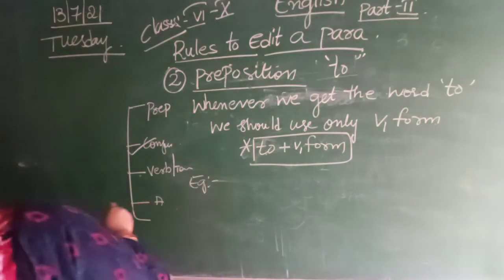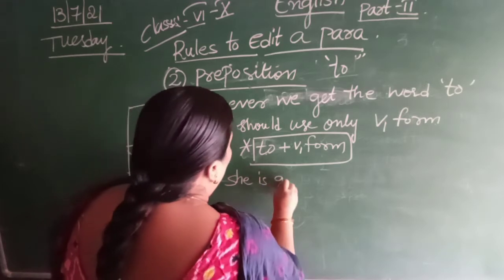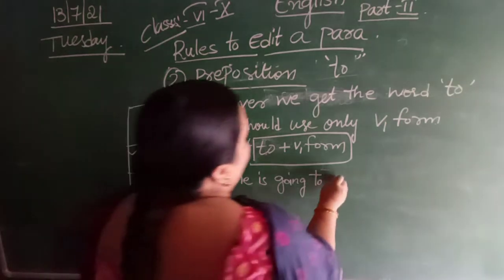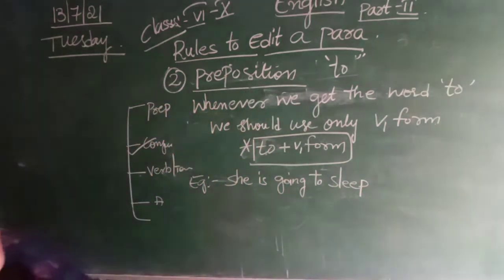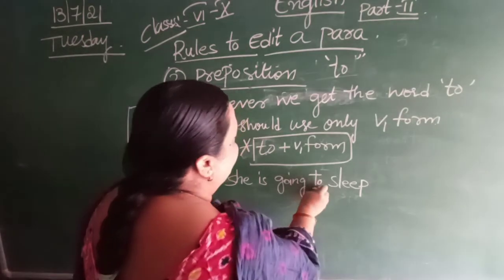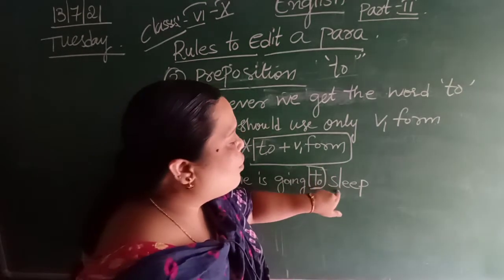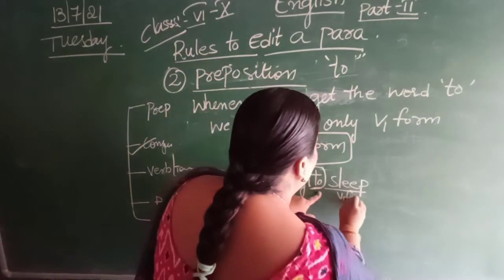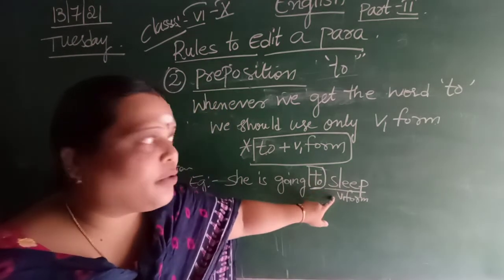Okay, just see here one example. She is going to sleep. ఓకే, ఆమె ఏం చేస్తుంది? అక్కడ పడుకుంటుంది, పడుకోవడానికి వెళ్తుంది. Now let us see the word "to". See this word we have got, then immediately the verb we have taken here is V1 form. "to" తర్వాత మనం తీసుకున్న verb V1 form లో ఉంది.